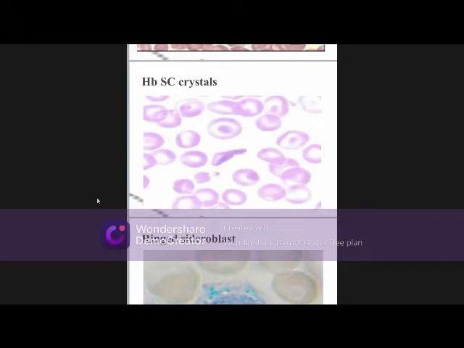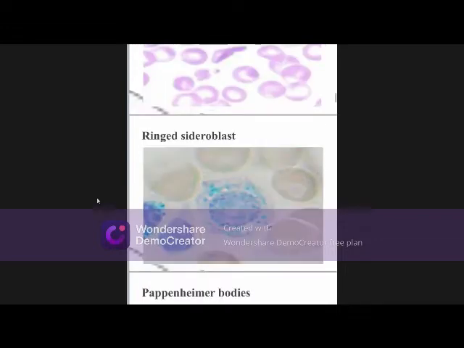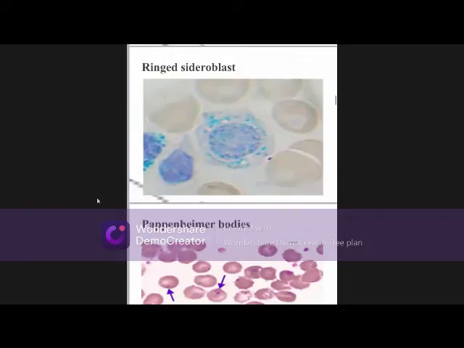Okay? Then moving on, you have here sideroblast. What does sideroblast mean again? Immature RBCs. Iron deposit. These are immature red cells with iron deposits inside, right? It's like because of defective heme synthesis, iron that you have tends to accumulate within your cell.